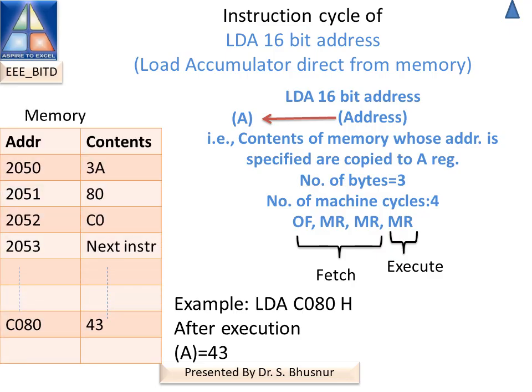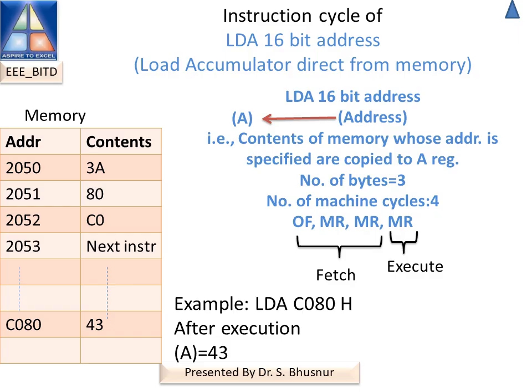Say for example, the LDA C080H instruction is coded from memory location 2050 onwards. In 2050 we have the opcode 3A. In 2051 it is the low order byte of the address, 80, and in the third byte it is the high order byte of the address.